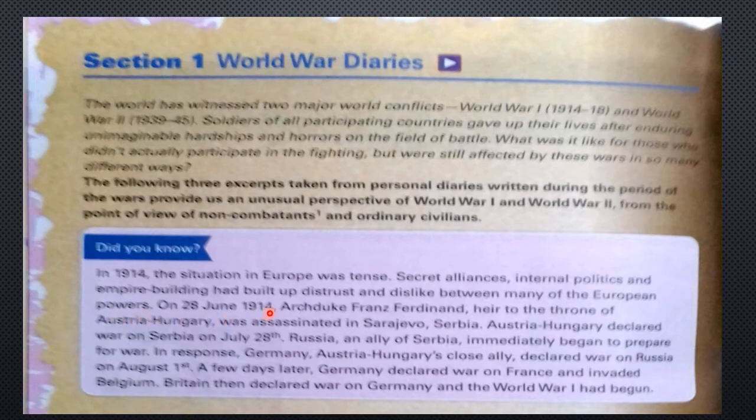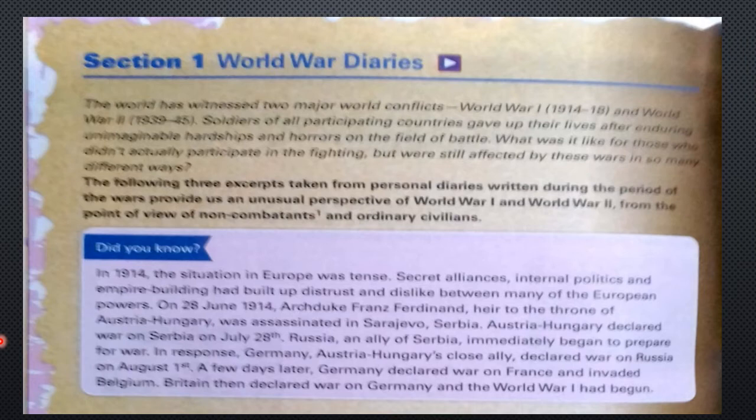On 28 June 1914, Archduke Franz Ferdinand, this was the reason for which World War I took place. Archduke Franz Ferdinand, heir to the throne of Austria-Hungary, was assassinated in Sarajevo, Serbia. He was going to be the king after the king who was ruling.